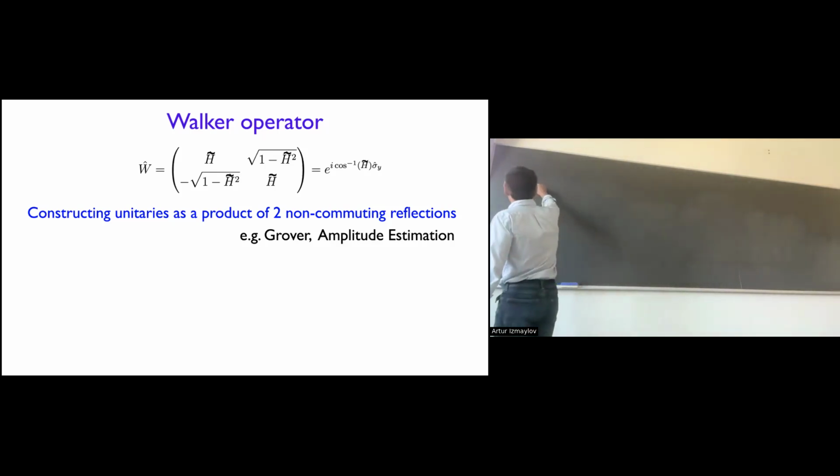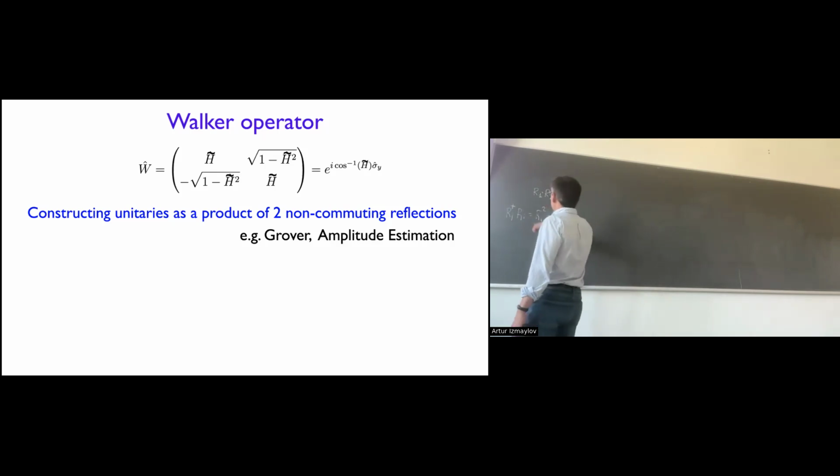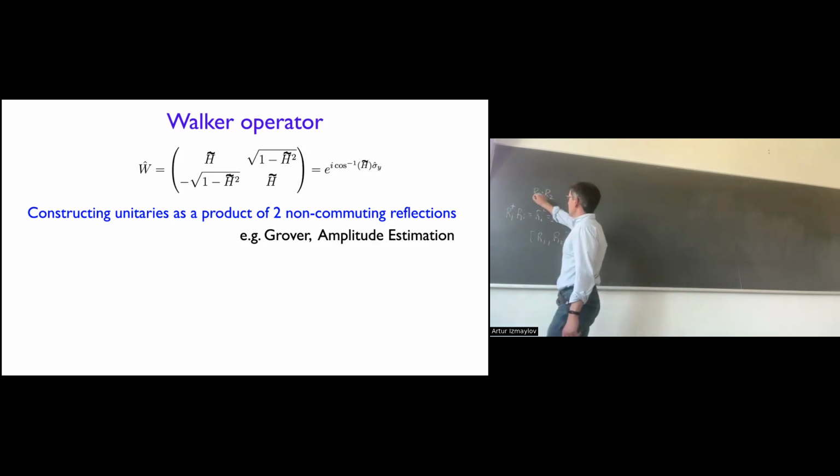But then if you have two reflections and they don't commute, and you multiply R1 by R2, because they're unitary and Hermitian, the square of each is 1. But if R1 doesn't commute with R2, you could easily check that the product is not a reflection anymore.